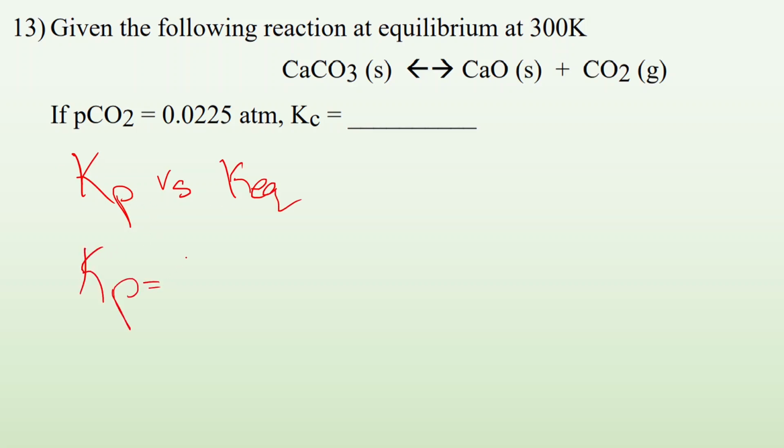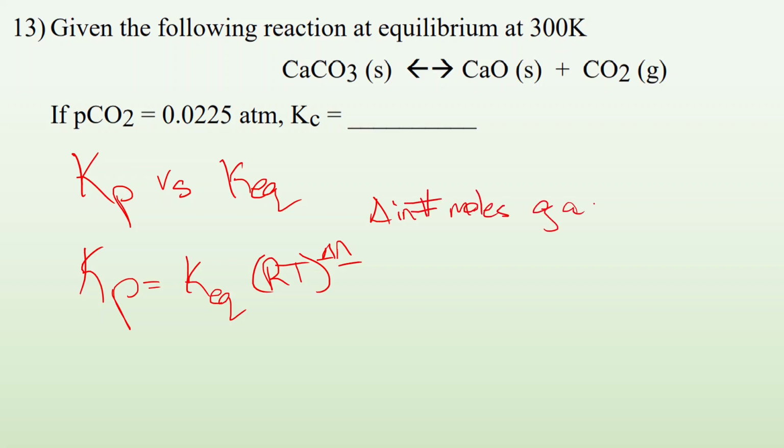KP equals whatever the KEQ is times RT to the change in n. This n is the change in how many moles of gas. So you can see the reactants we had 0. The products we have 1 mole of gas. So our delta n will equal a positive 1.